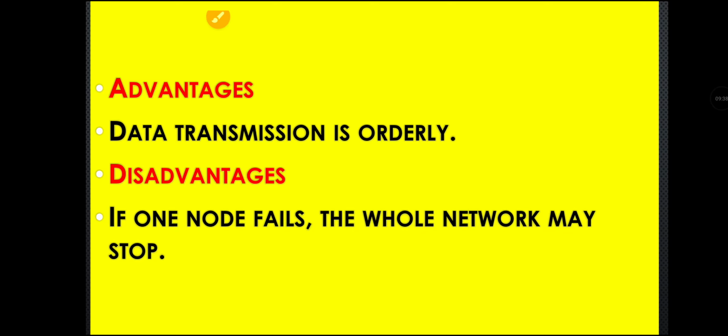So what are the advantages of ring topology? The advantage is that data transmission is orderly. Data transfers in an orderly way, not in a disorderly way. But there are disadvantages also. The disadvantage is that if one node fails, the whole network may stop.